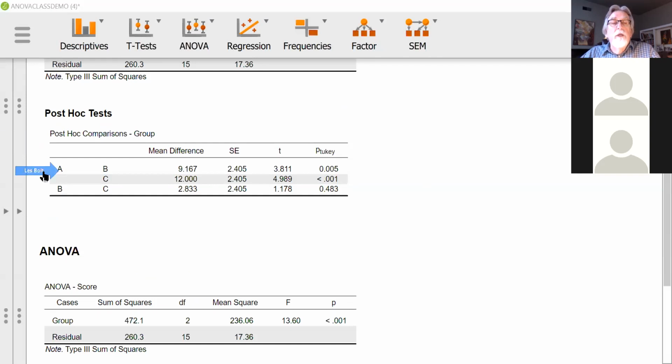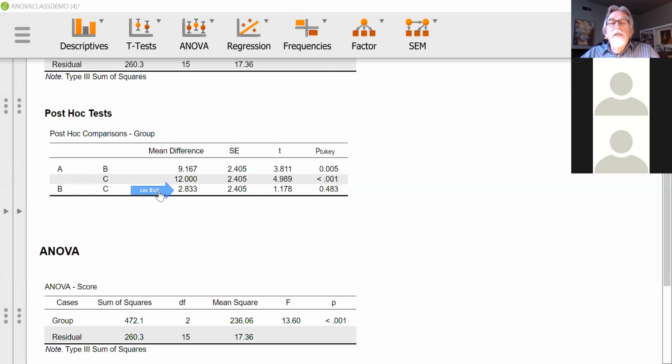So it looks at comparisons between group A and B, between group A and C, and then between group B and C. The mean difference is calculated as the mean value for A minus the mean value of B, the mean value of A minus the mean value of C, the mean value of B minus the mean value of C. And since these are all positive, it means that A has the largest value, B has probably the next largest value, and C has the smallest value. If you look at the mean differences, you can think that through.